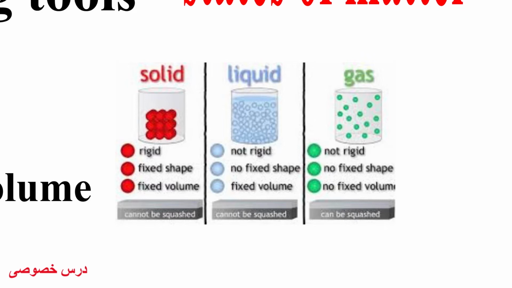Number 2 is called liquid, like water, oil, and milk. They have definite volume, but indefinite shapes. Imagine that you buy juice and pour it in a cup, then into another cup.